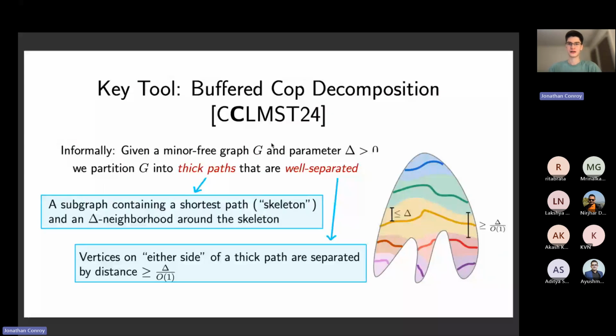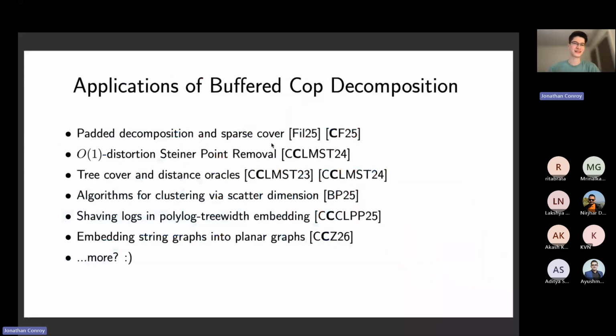This was something that we used for padded decomposition, but it has also found a number of other applications since we introduced it. When we were first coming up with this concept, we were motivated by distance oracles and tree cover.